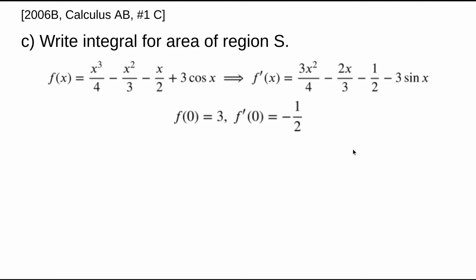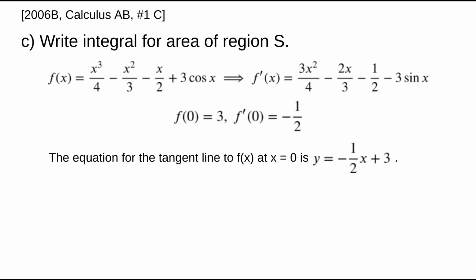We also need to know the value of the function at x equals 0, which turns out to be 3. And then we write the equation for this tangent line. So if f of 0 is 3 and f prime of 0 is negative 1/2, then the tangent line has equation y equals negative 1/2 x plus 3. That's the top boundary.